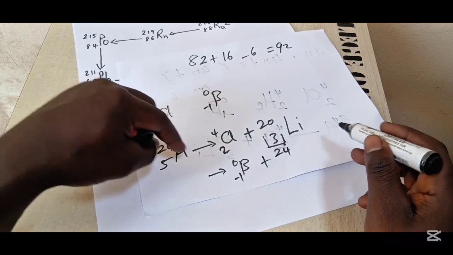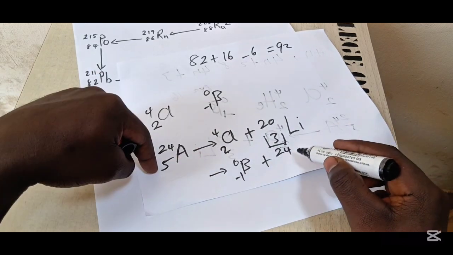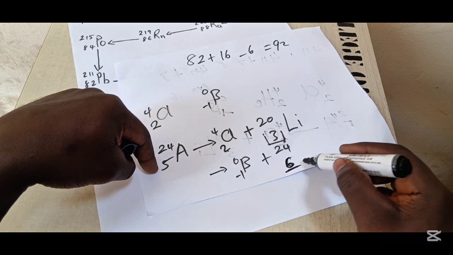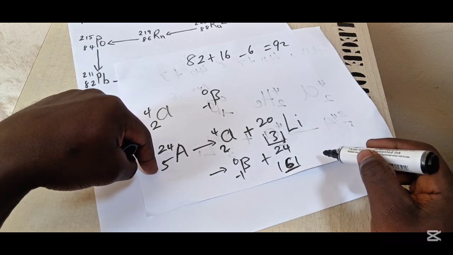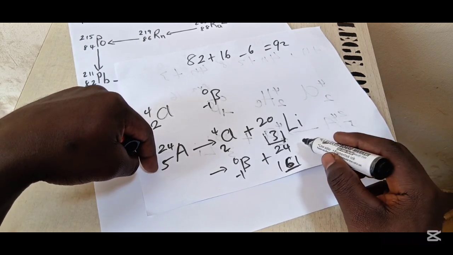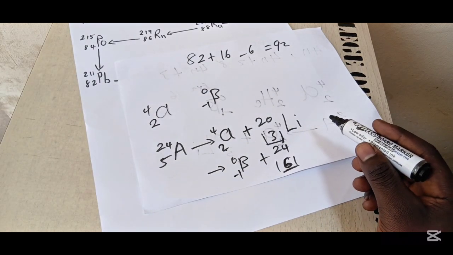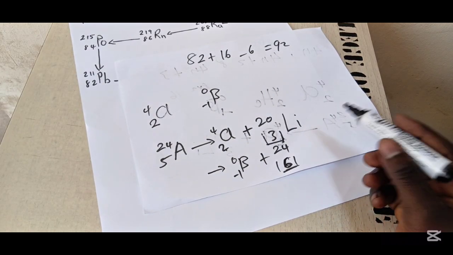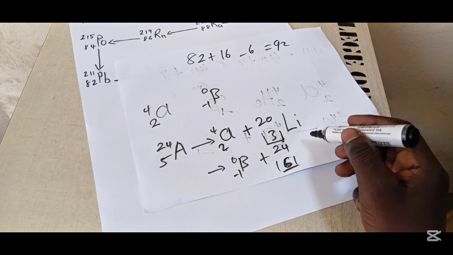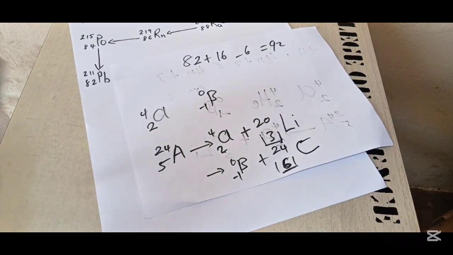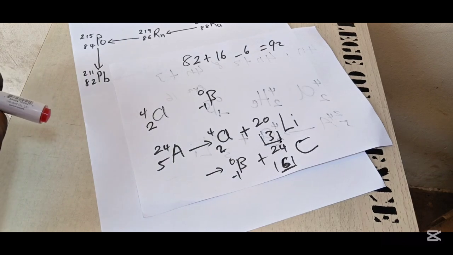And what number can we add to -1 to get 5? This is definitely going to be 6. To know the element here, we just use the atomic number, the proton number, and compare to our periodic table, and we find out that it is carbon. So that is just a basic hint on alpha and beta particles.